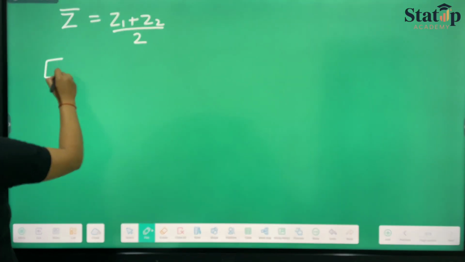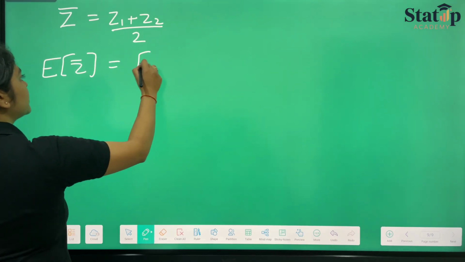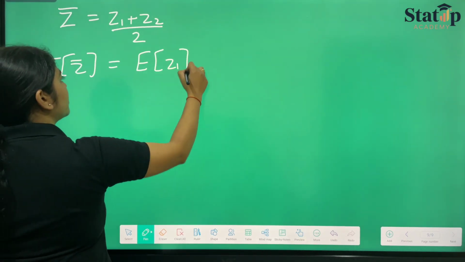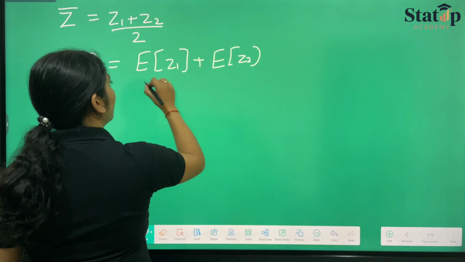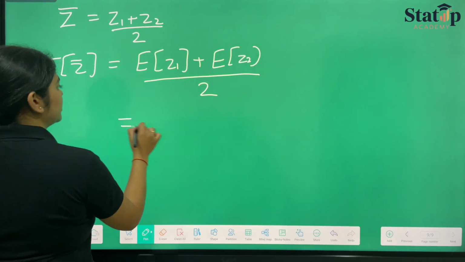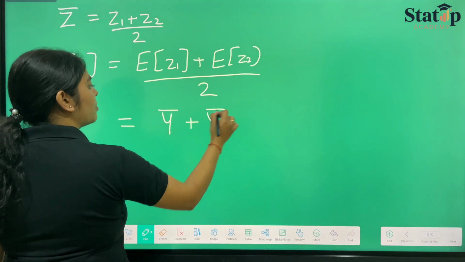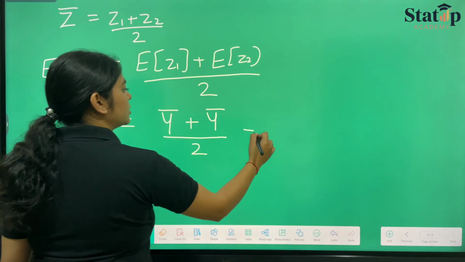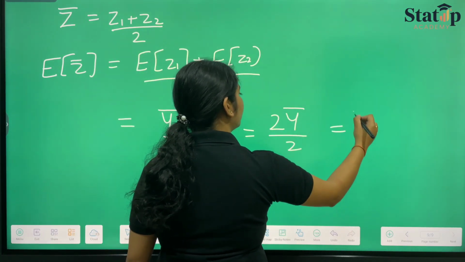Taking the expectation, it is expectation of z1 plus expectation of z2 upon 2, which equals y bar from equation 1 and y bar from equation 2 upon 2, which is 2y bar upon 2, which equals y bar.